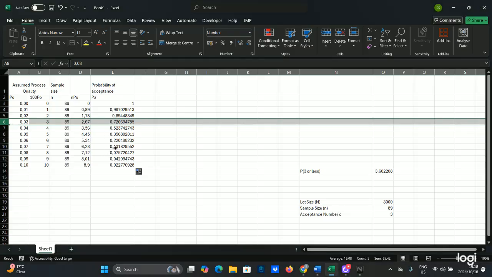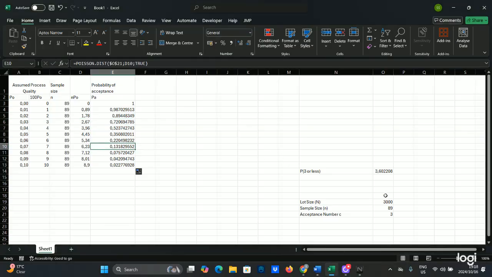If I put it as true, I get a cumulative probability.